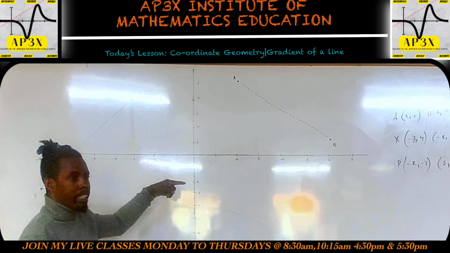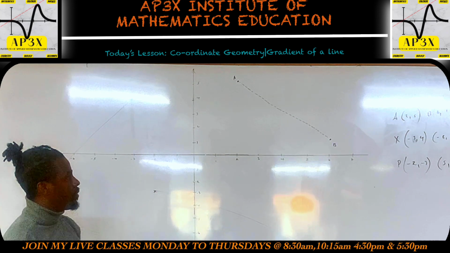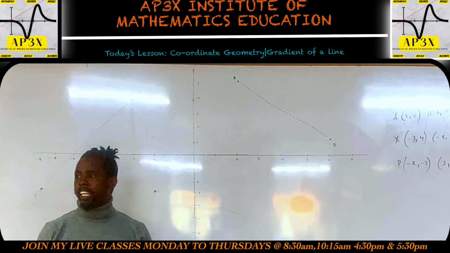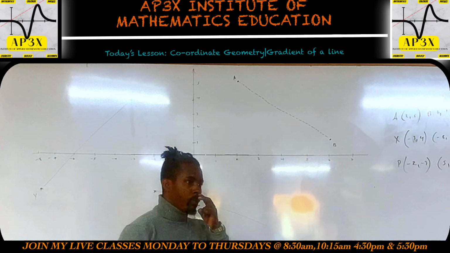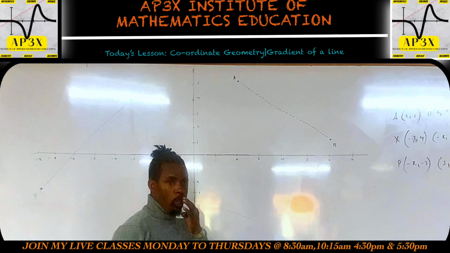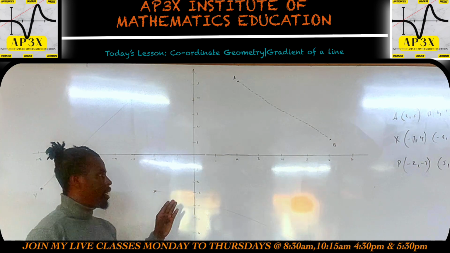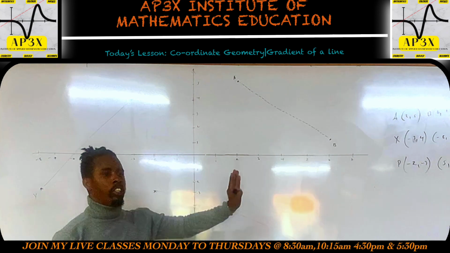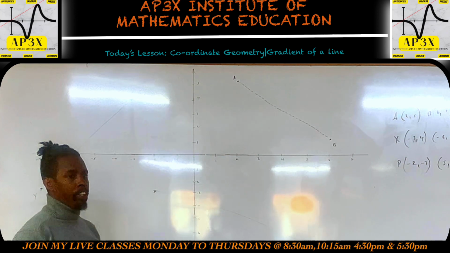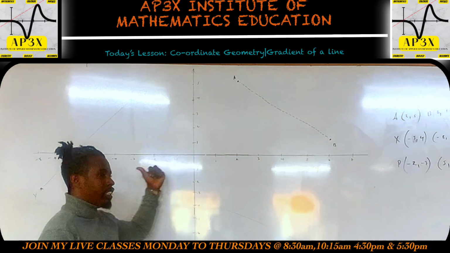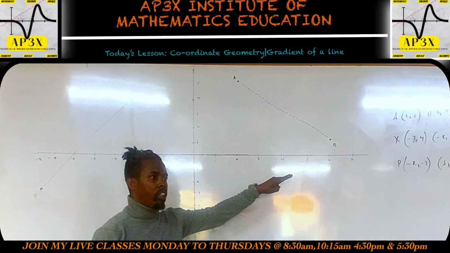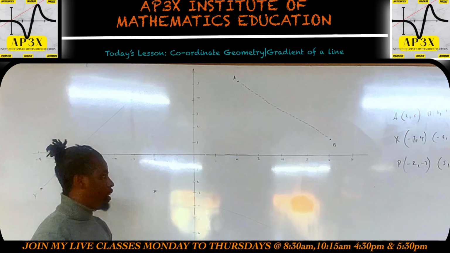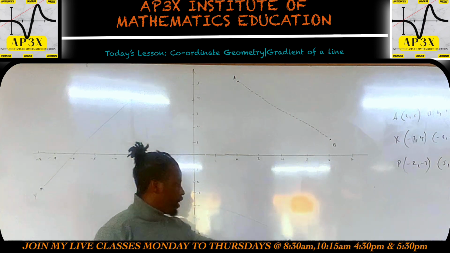When plotting a point, we plot the x-ordinate value first, followed by the y-ordinate value. Always x, then y. In other words, we always travel eastern or western, followed by northern or southern. Then you put your position here.